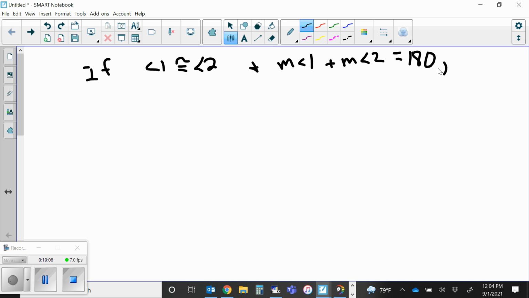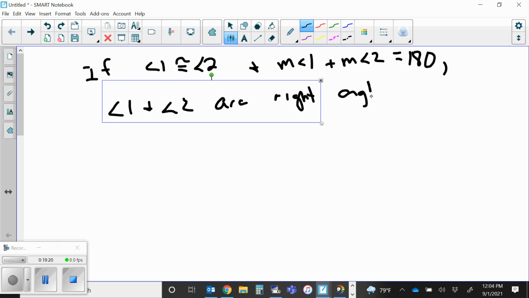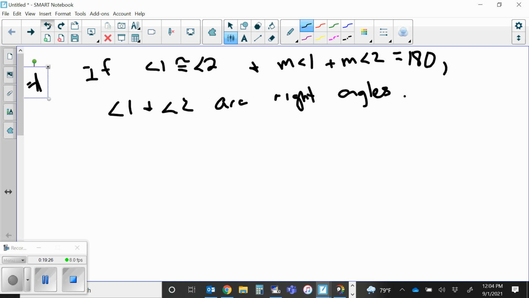What does that mean they both have to be? They both have to be 90 degrees. So that means that angle 1 and angle 2 are right angles. That's theorem 1-5. That's the name of that one.